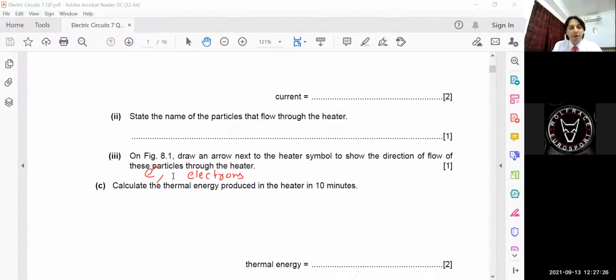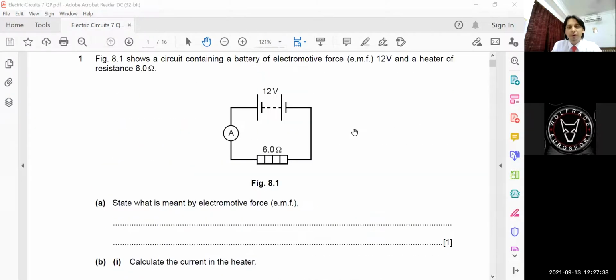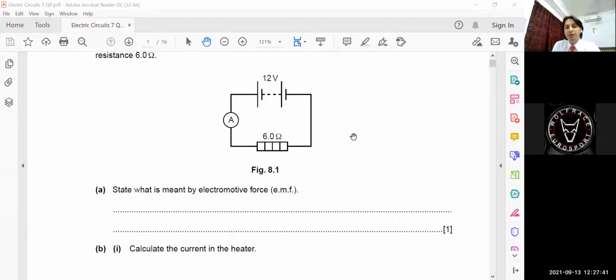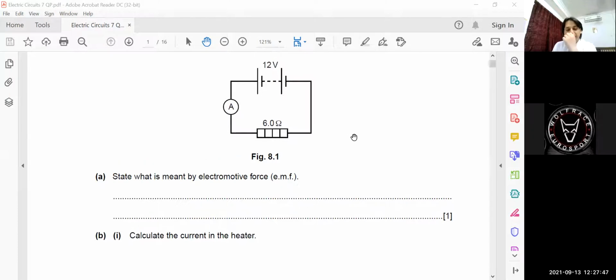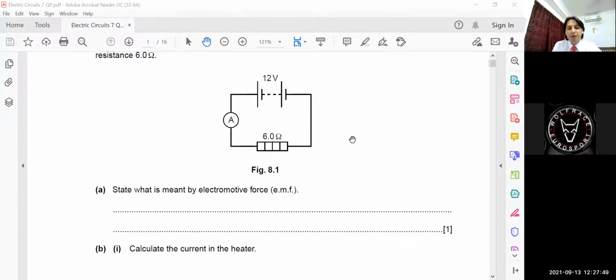Next question, on figure 8.1, draw an arrow next to the heater to show the direction of flow of these particles through the heater. Where will you draw the arrow for the direction of electrons? Will it be clockwise or anti-clockwise?